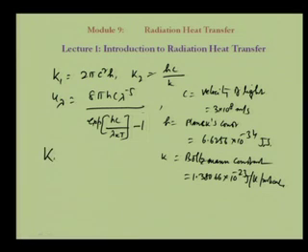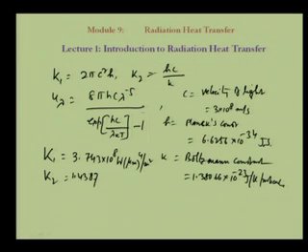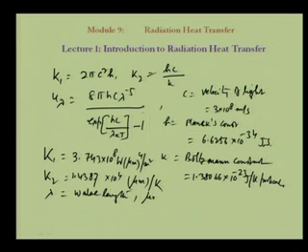and capital K1 is equal to 3.743 into 10 to the power 8 watt into micrometer to the power 4 divided by meter square, and capital K2 is equal to 1.4387 into 10 to the power 4 micrometer per Kelvin. Lambda is wavelength, it is in micrometer.